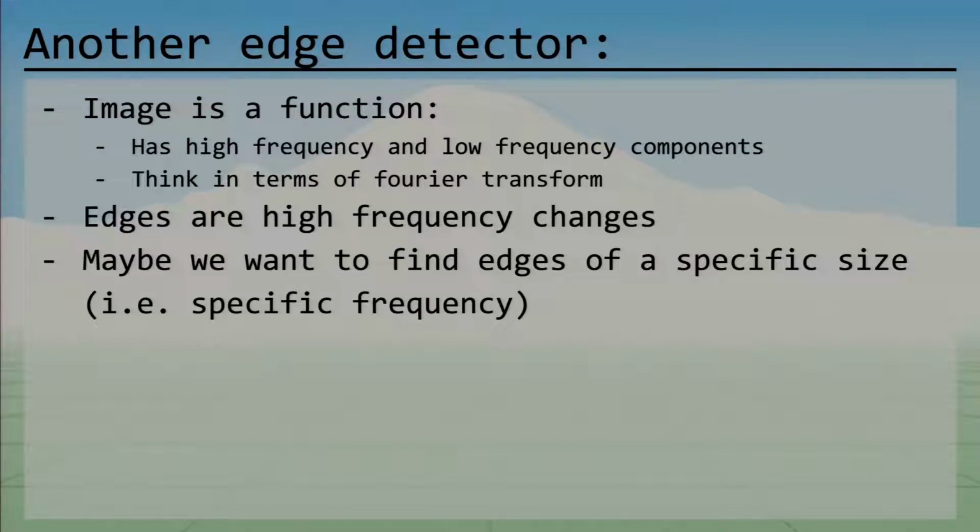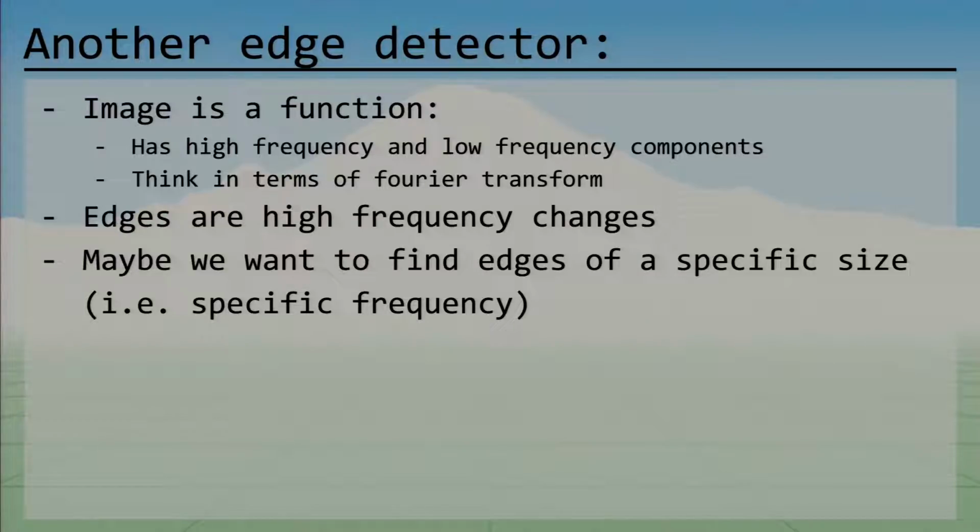If you guys are familiar with Fourier transforms, it's basically this idea that we can decompose any function into different parts that are high frequency oscillations and low frequency oscillations of sine and cosine waves. So what we're going to imagine is basically edges are high frequency changes in our image. And what we really want is some sort of filter that only responds to high frequency changes.